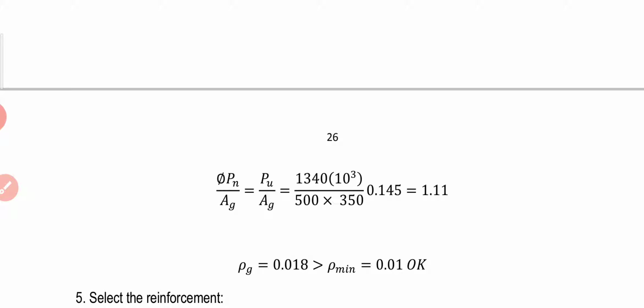We put here Pu value and Ag value, and we can find this ratio equal to 1.11. So Pg equal to 0.018, which is greater than P minimum. So hence okay, because this is greater than 0.01.